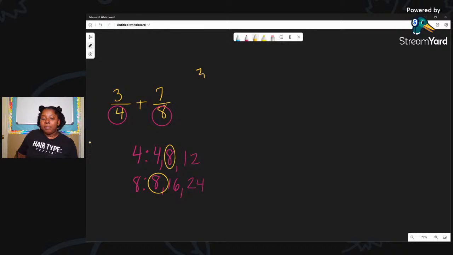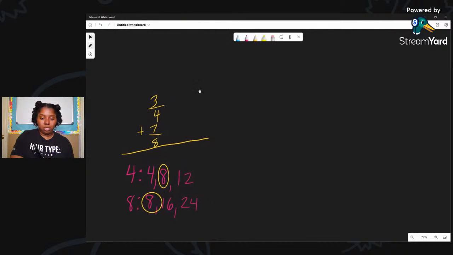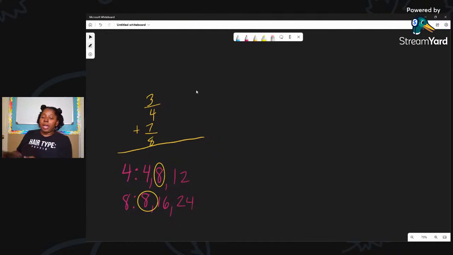So now we have 3/4 plus 7/8. I'm going to write it vertically now. Because that 8 is going to be our common denominator, this 8 stays the same, which means that 7 stays the same.